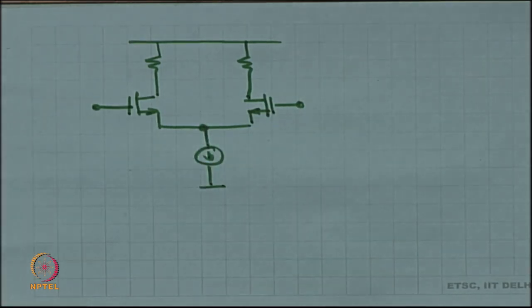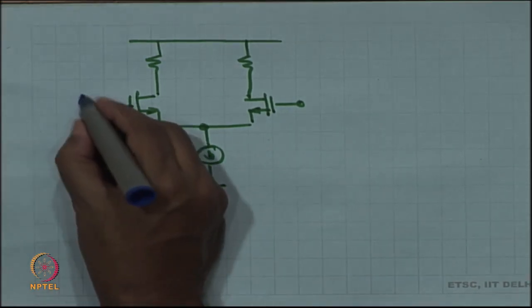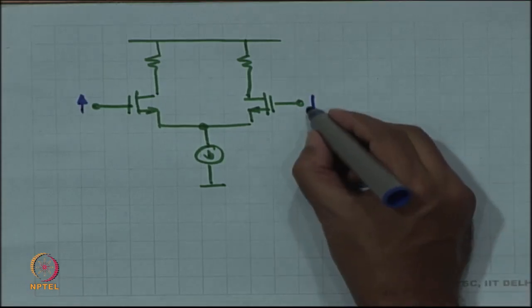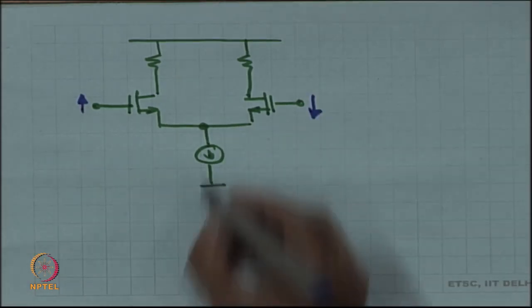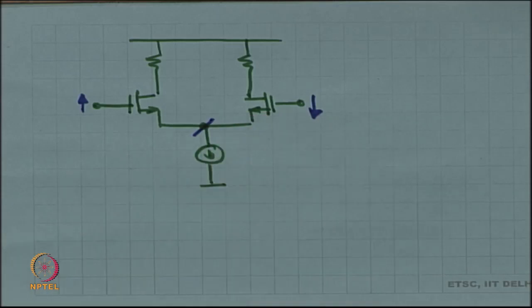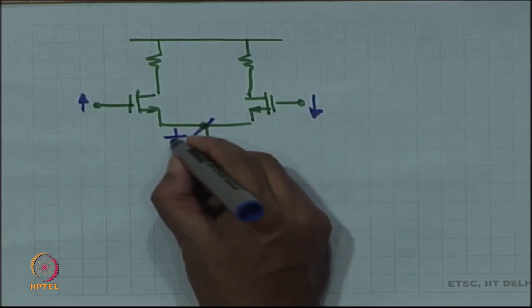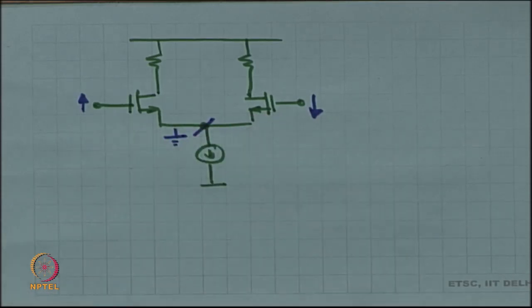This is a perfectly symmetric circuit, and if I increase the input and decrease the input by equal amounts, then that automatically means that this node is at ground. Now, the two halves of the circuit are decoupled from each other.